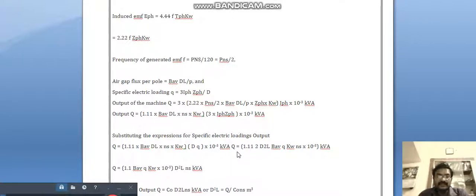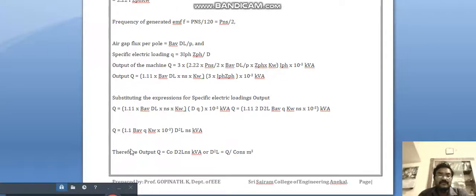We can rewrite the same equation: Q = 1.11 π² D² L Bav q kw ns × 10^-3 kVA. So Q = 1.11 π² Bav q kw × 10^-3 × D² L ns kVA.